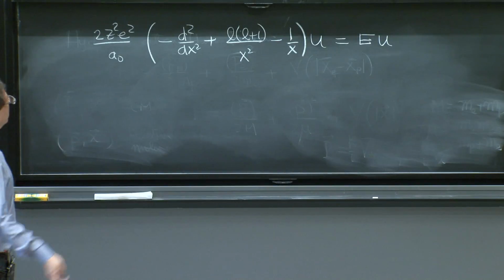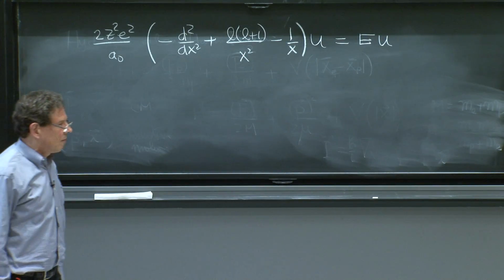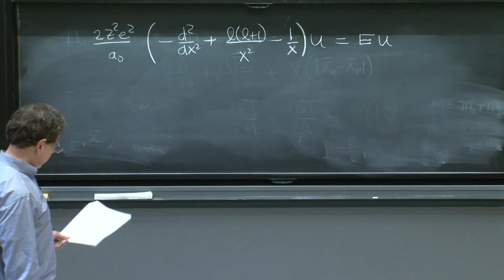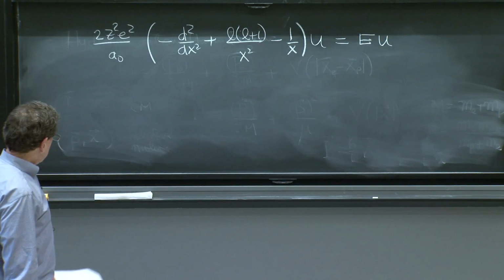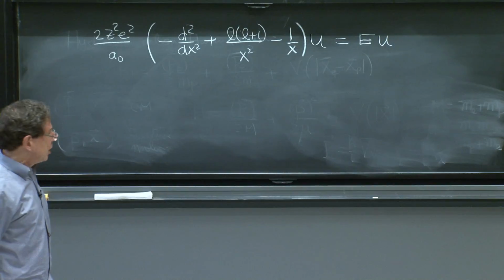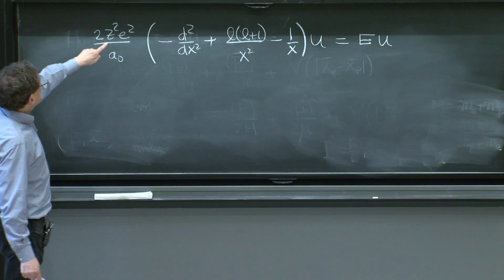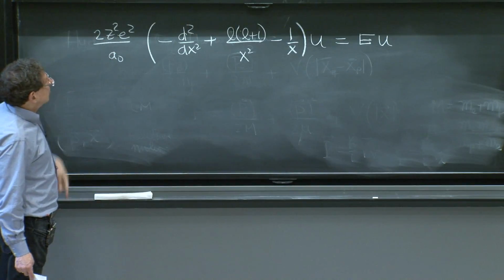That will be the common factor that will come out of everything by the time you solve it. And it has the units of energy, as you can imagine. E squared over a naught has the units of energy.